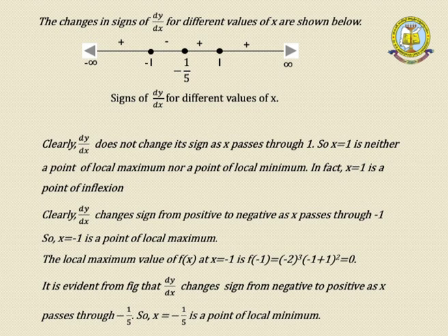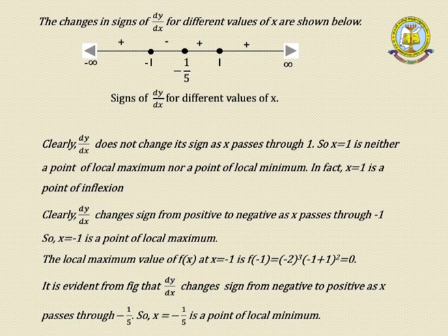Now, dy by dx clearly changes sign from positive to negative as x passes through minus 1. So x equal to minus 1 is a point of local maximum. What is the value of this local maximum? It is f of minus 1. We have seen that f of a is the relative maximum or relative minimum.